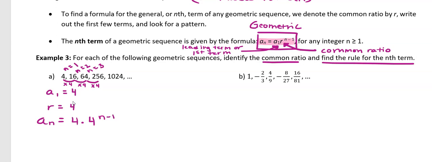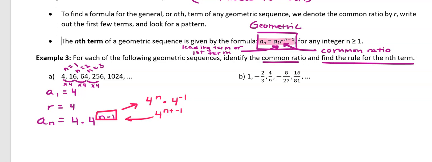Now, believe it or not, this can be simplified, and we're going to have to use some rules of simplifying exponents. When you have an exponent of n minus 1, that means you have a 4 to the n multiplying with a 4 to the negative 1 power. When you have multiplication of like bases, remember you can add the exponents together, which would result with what we have here.